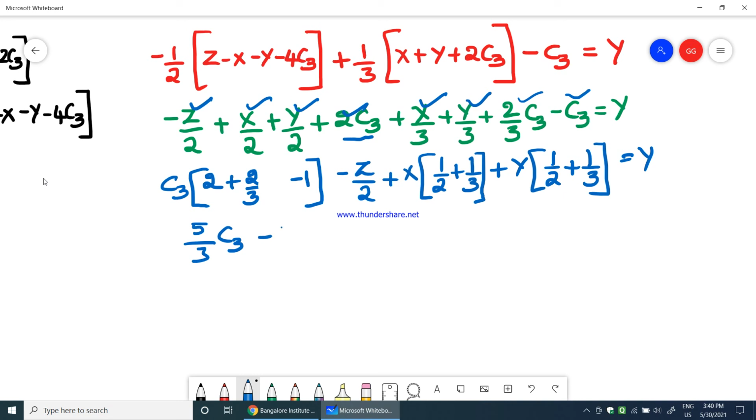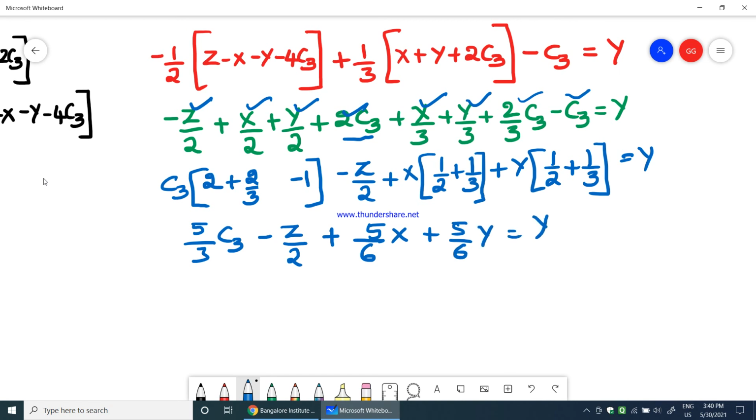minus z by 2 plus, 3 into 2 is 6, so 5 by 6x plus 5 by 6y equals y.